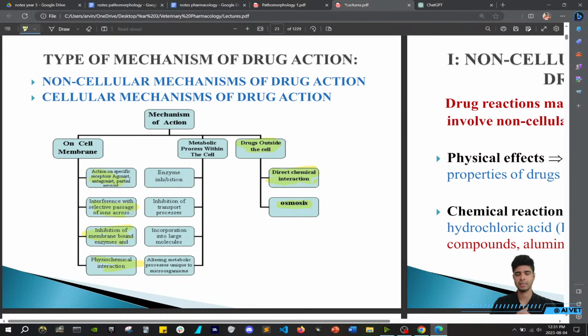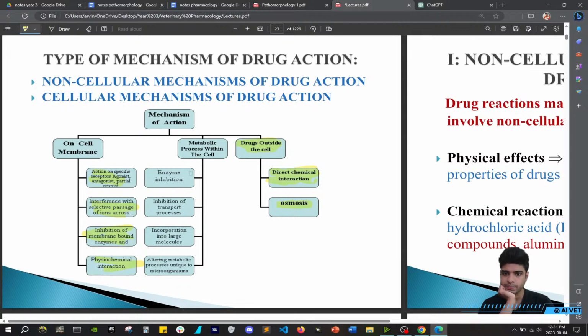It can bind with the receptors on the cell surface, and then it can inhibit the ion flow and inhibit membrane-bound enzymes. So the enzymes present on the cell surface can be inhibited. Then selective passage of ions, and physiochemical interaction.